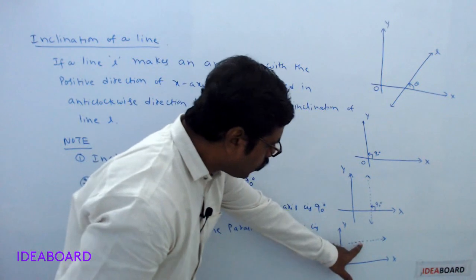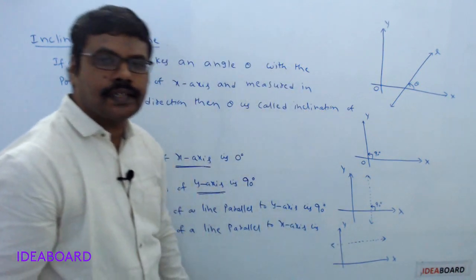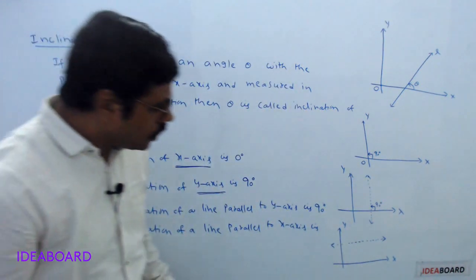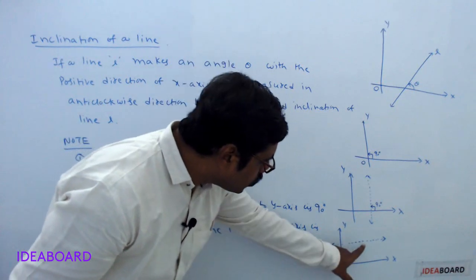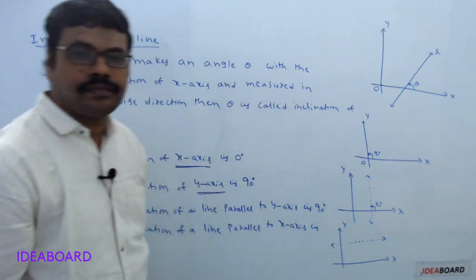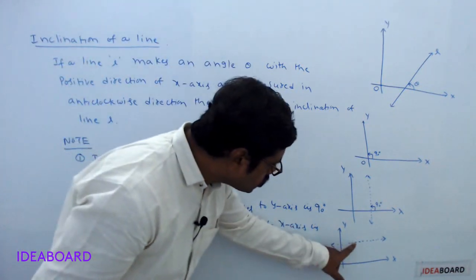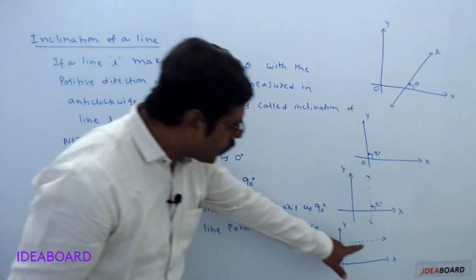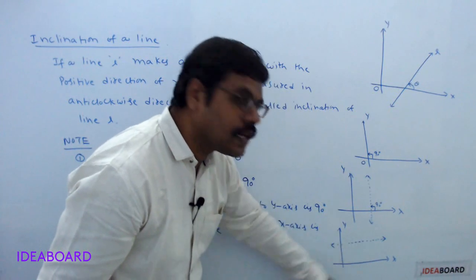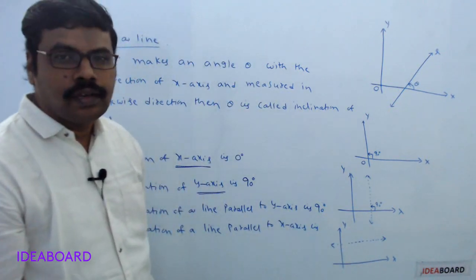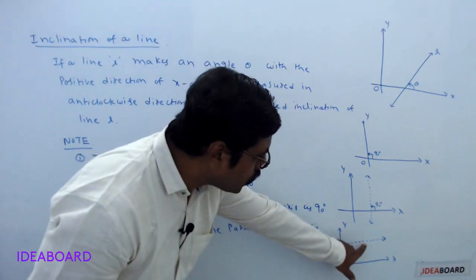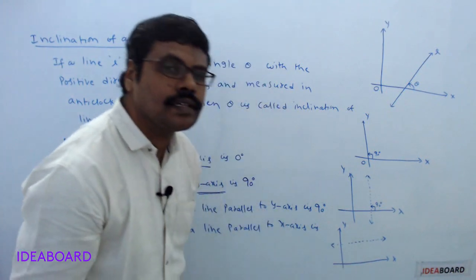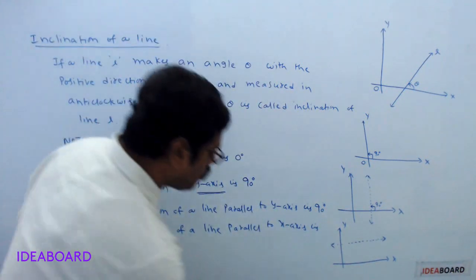Now this is the line which is parallel to x-axis. Now here, what is the inclination of this dotted line? Here, this line and this line are parallel. So we say that angle between this line and x-axis is 0 degrees. So inclination of a line parallel to x-axis is 0 degrees.